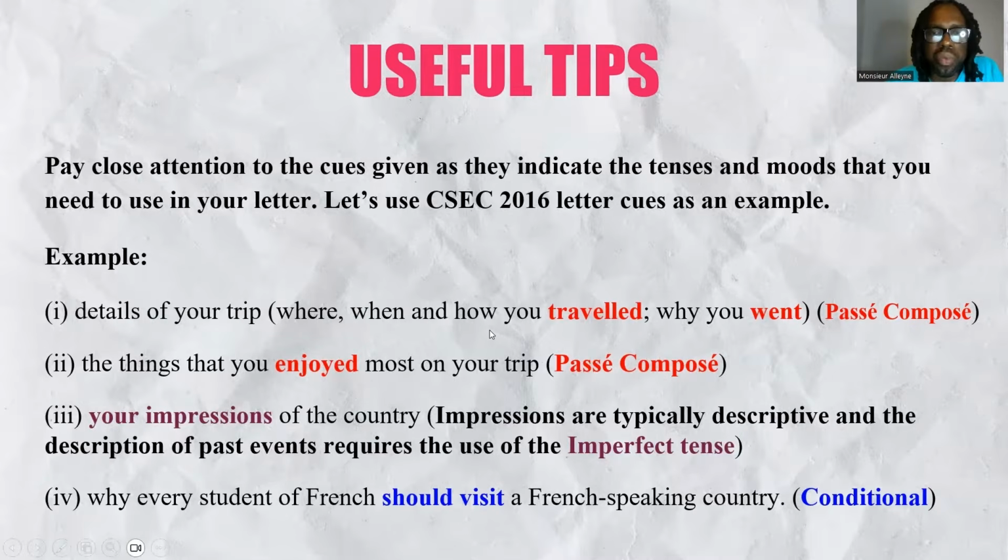Because it's like, when did this action happen? So it says how you traveled. So because it is the past tense, you know you're going to need to use the passé composé, right? Where you went, talking about going somewhere. I went somewhere. We're going to use the passé composé.